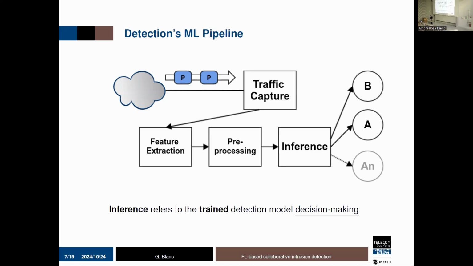Just to show you the usual ML-IDS pipeline, where we do traffic capture. I have represented, for example, a sequence of packets, but most of the time we're not going to decide on a single packet. You take into account that there are several packets exchanged between two hosts, which is called the flow, and we extract some features.